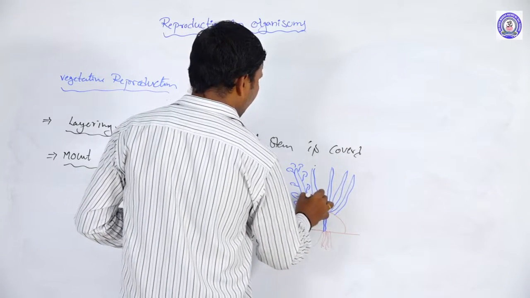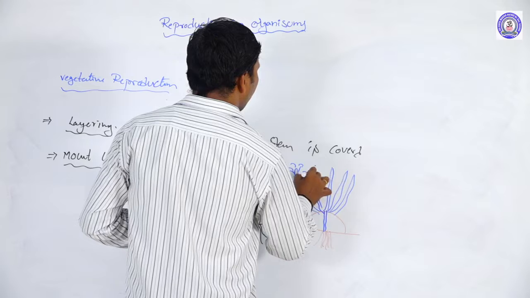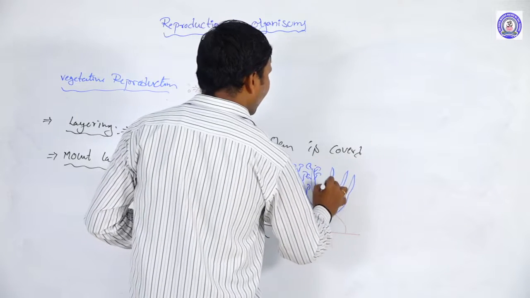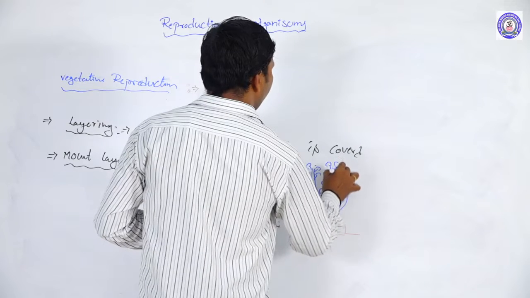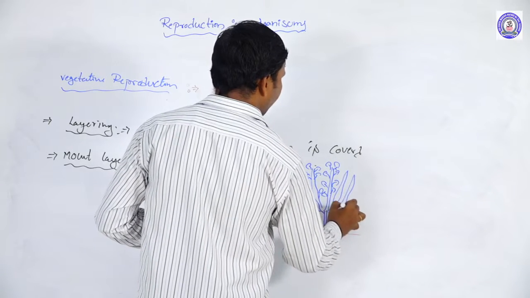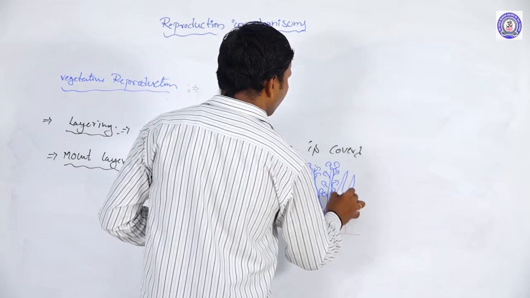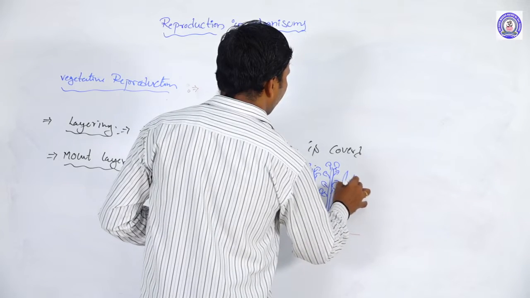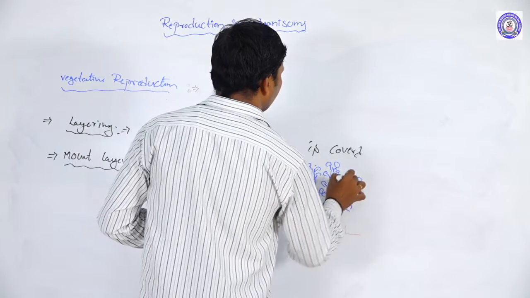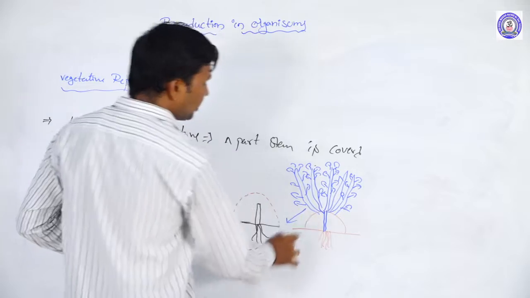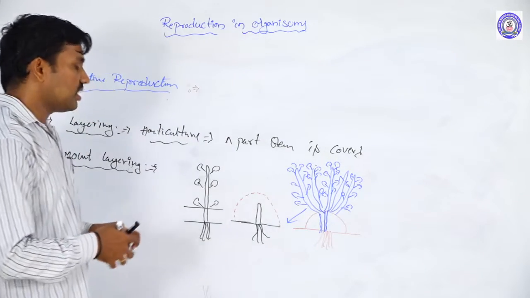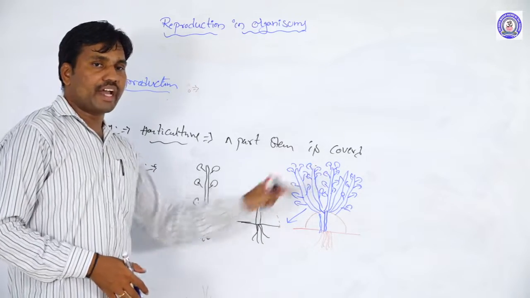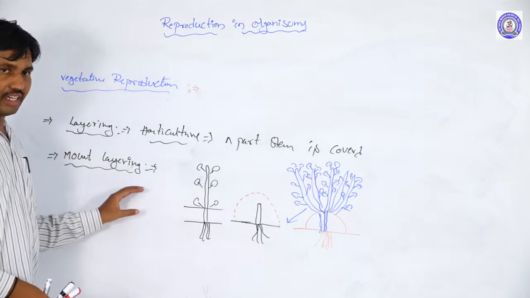This type of layering is called mound layering. From here, each branch of this layering develops roots and is separated as an individual plant. Like this, each branch forms a root system, and later each one develops as an individual plant. This is called mound layering.